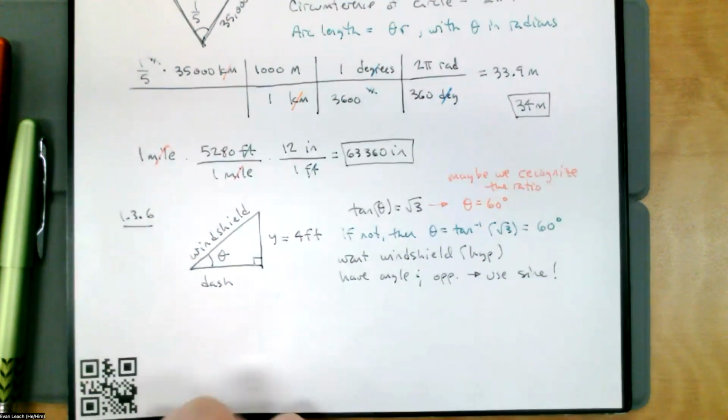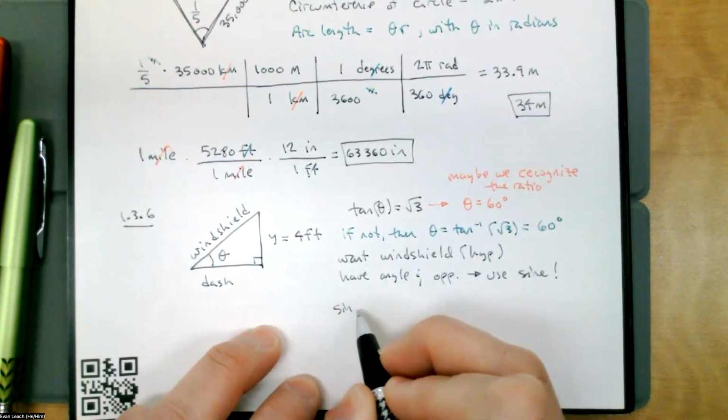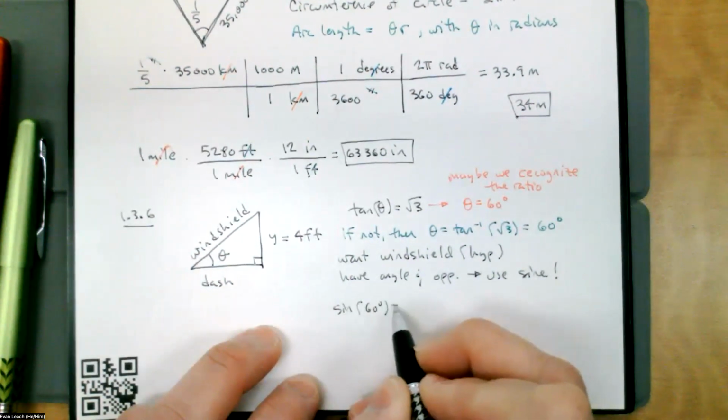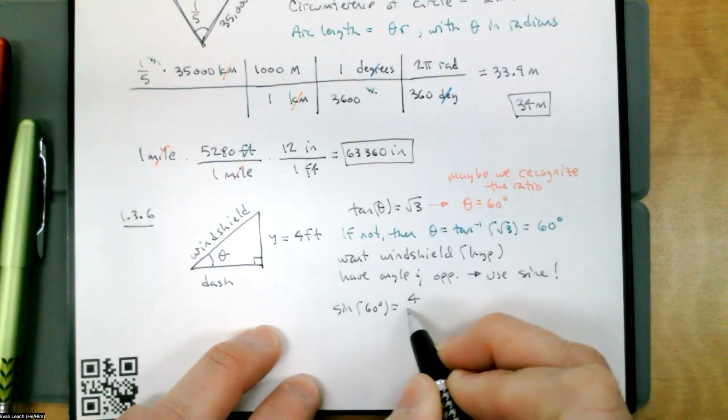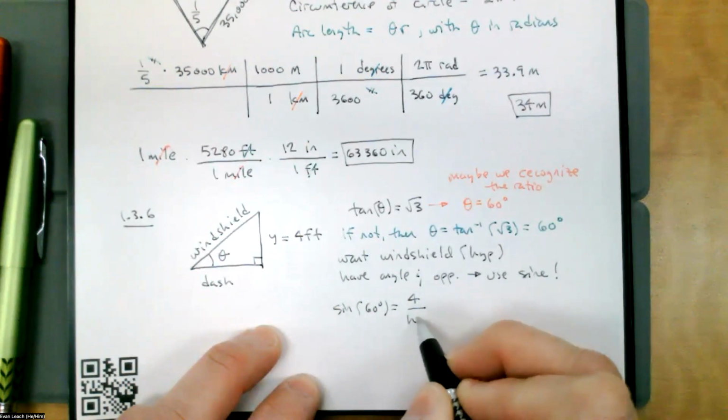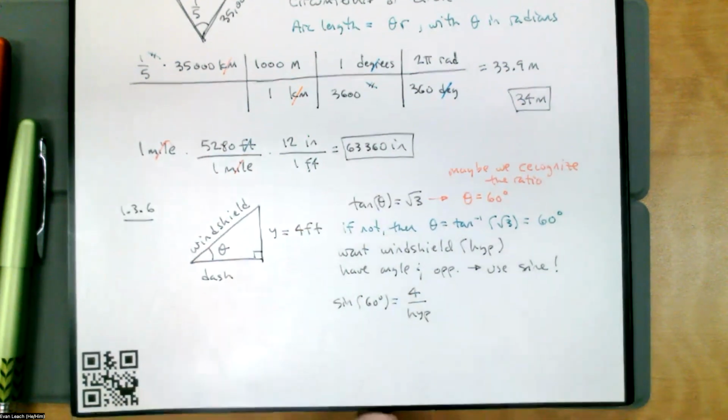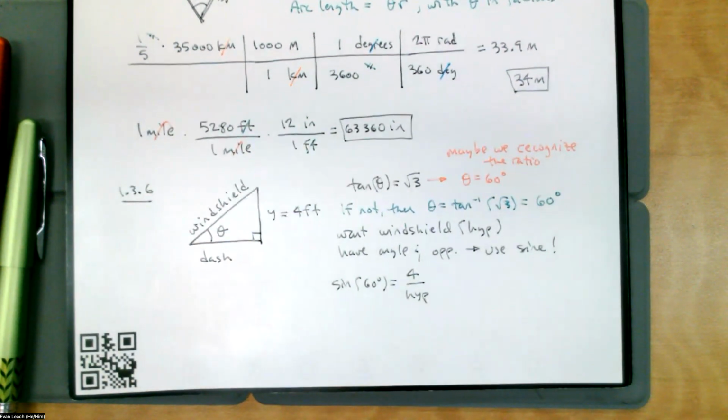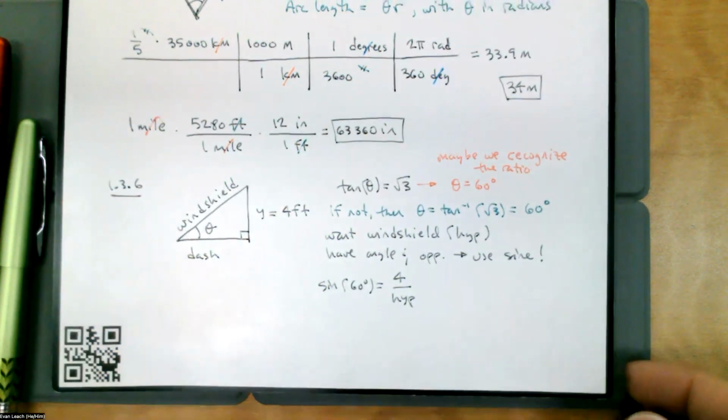So that tells us to use sine. So I'm going to set up sine of 60 degrees is opposite over hypotenuse. We did want to find out that angle, but we were able to do that with our calculating machine, or we just recognize that this is one of the commonly used versions.